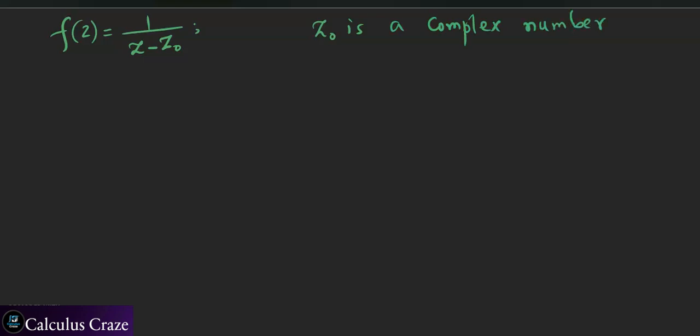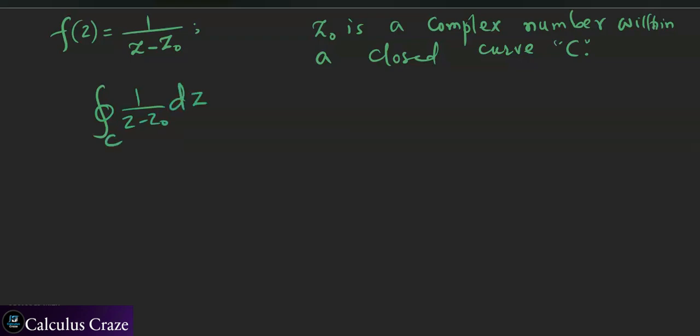So we want to integrate a function f of z equal to 1 over z minus z naught, where z naught is a complex number lying within a closed curve C, and we want to integrate over this C. Suppose I have a point z naught which is lying within a closed curve C, and I want to integrate my 1 over z minus z naught over this curve, right?